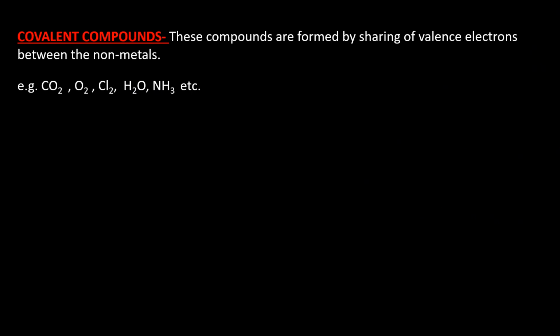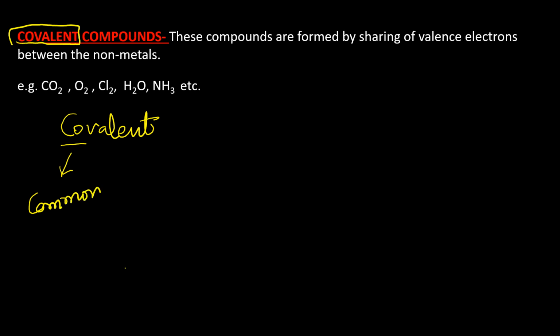Covalent compounds. If we break this term down, co means common, valent means valence electrons. So these are the compounds that are formed by the atoms when they keep their valence electrons in common, meaning they share electrons.